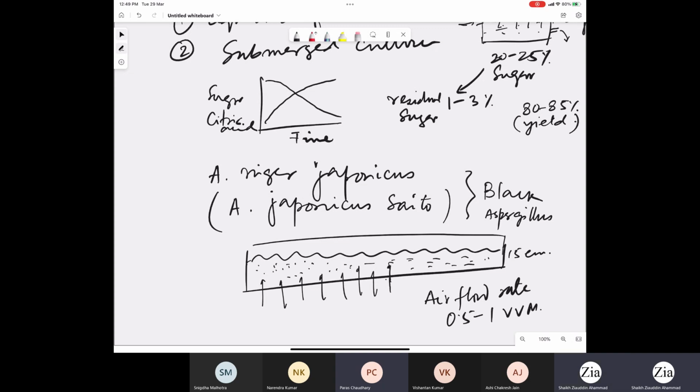Typically, for removal of iron, the ferrocyanide concentration varies between 20 to 150 milligram per liter.